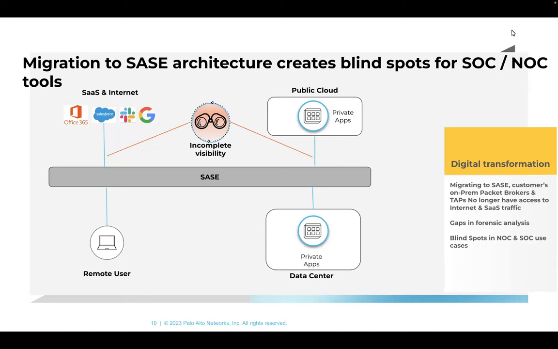The reasons to adopt SASE are absolutely there, but along with this move, some of these abilities to analyze in more depth this type of traffic between your users and the apps would have been lost till today, creating what we call blind spots in NOC and SOC use cases.